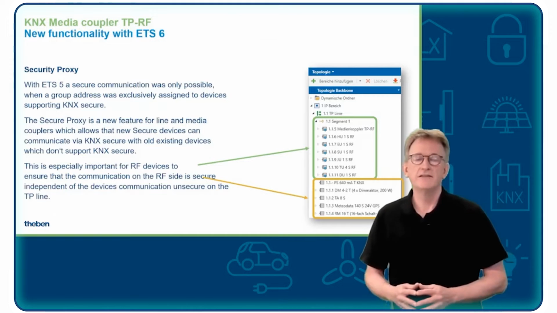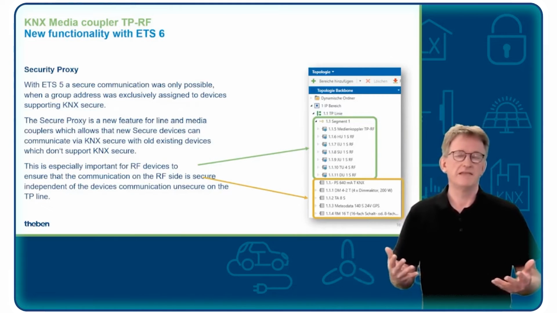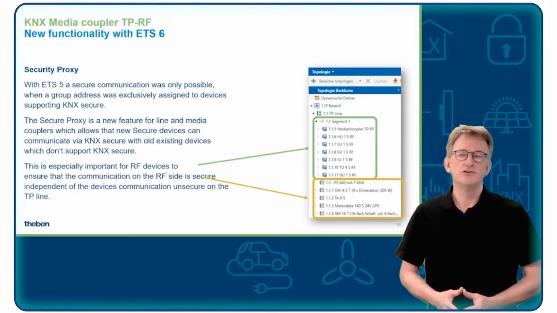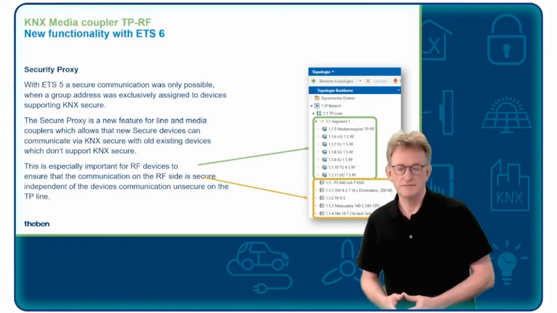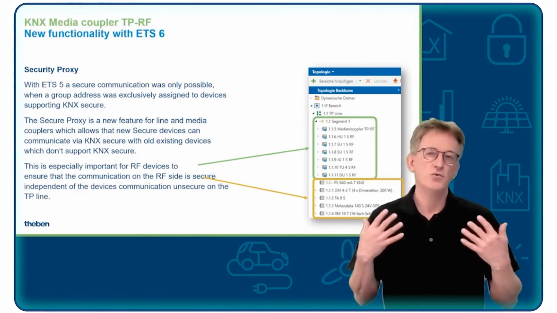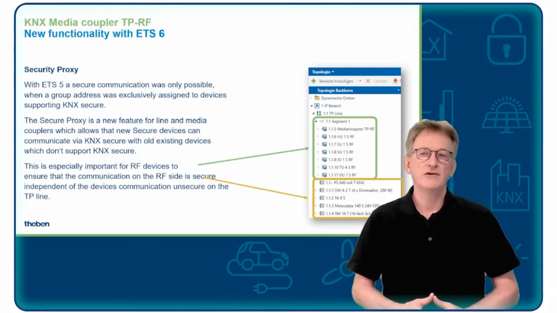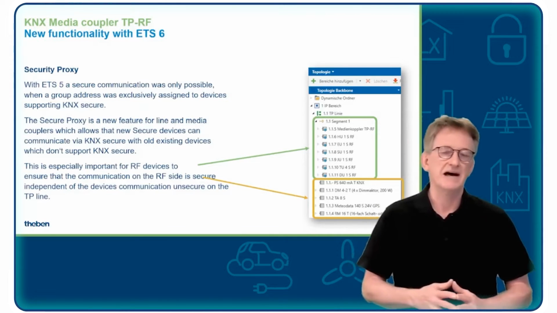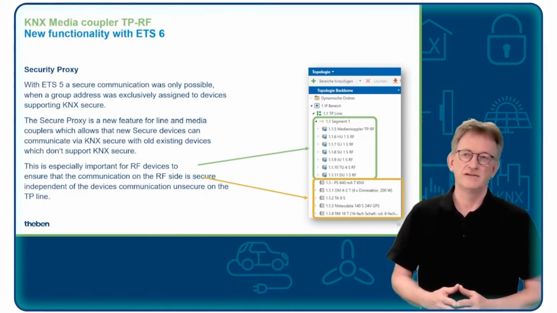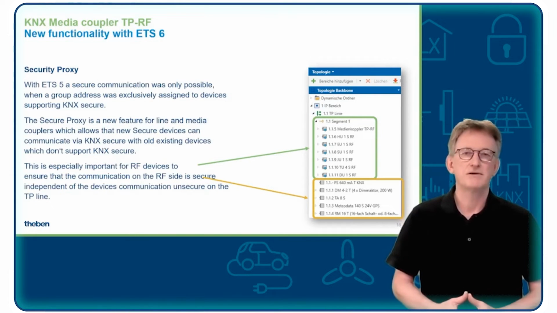And if they are not encrypted, then it's really like an open interface to your existing KNX line. And that's pretty critical. And that's also the reason why I really very strongly recommend always run a RF environment with KNX Secure data, so that all the telegrams within that environment is encrypted.